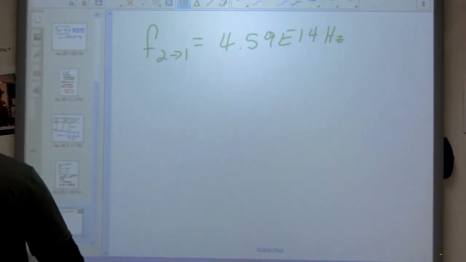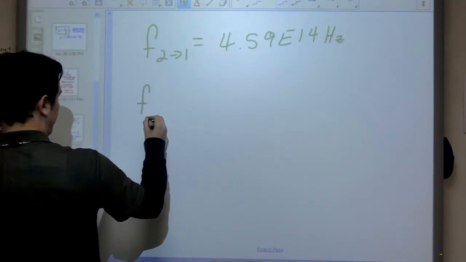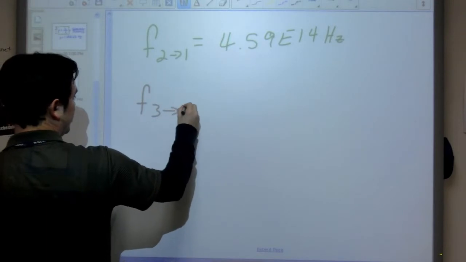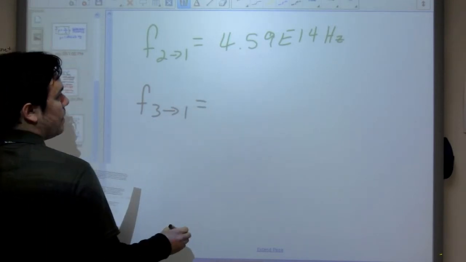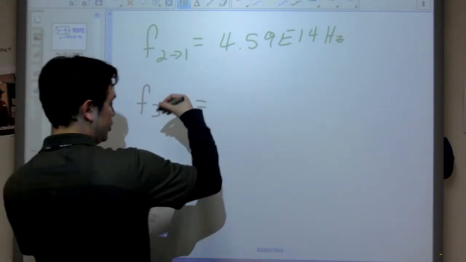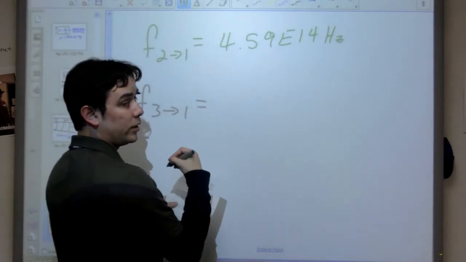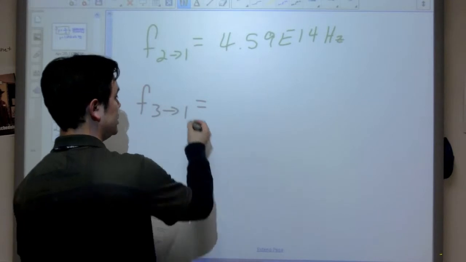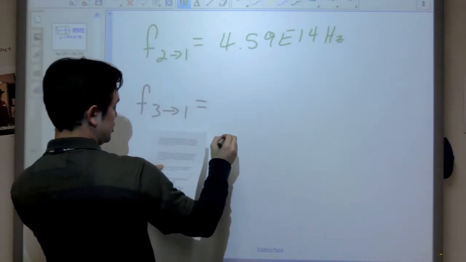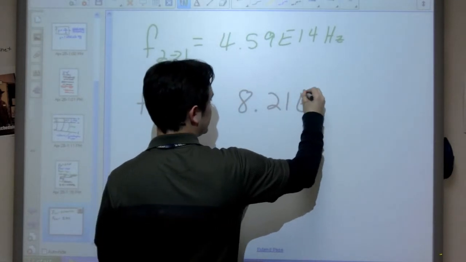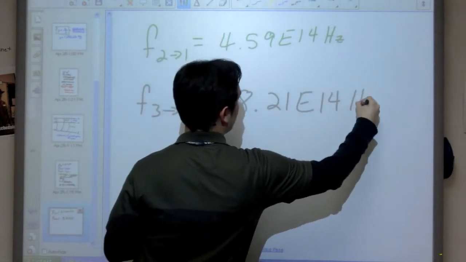All right? Keeping through with that, I'll let you do a lot of the hands-on math yourself. 3 to 1, feel free to pause the video. Doing the exact same process that we did just a moment ago, except using 3.4 electron volts, which is the energy for our transition from 3 to 1, we end up with 8.21 times 10 to the 14th hertz.